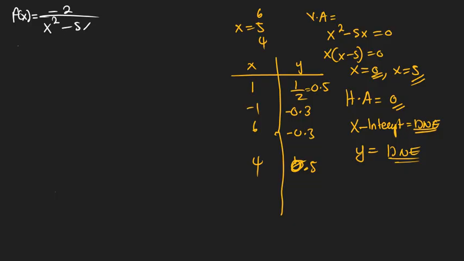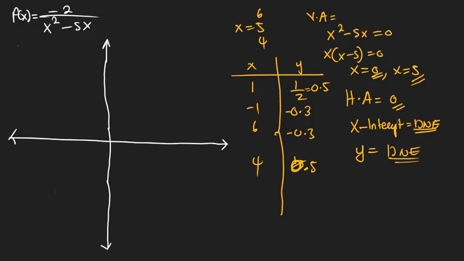So let me plot. 0 here. Vertical asymptote.